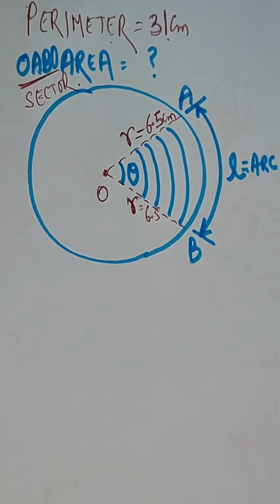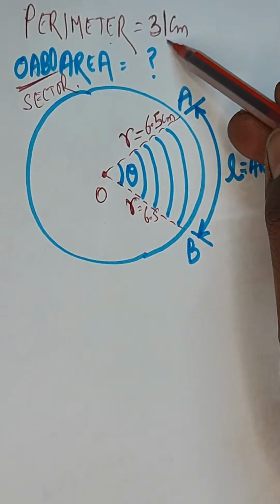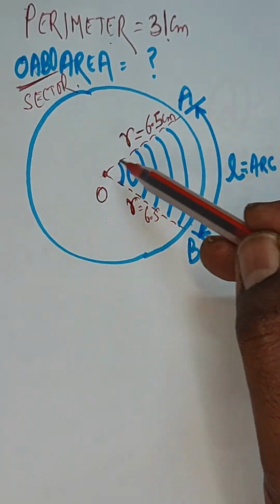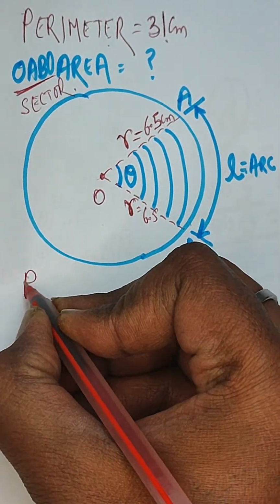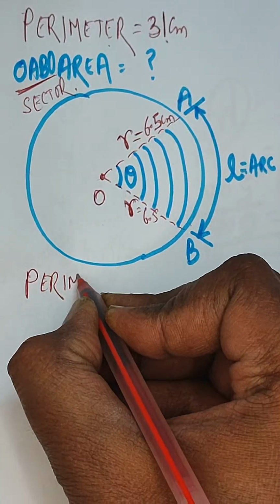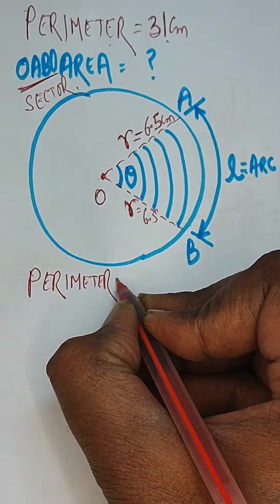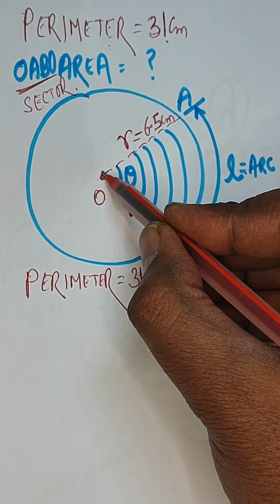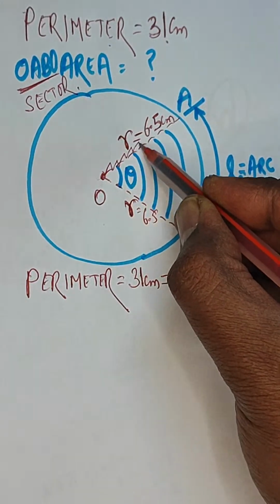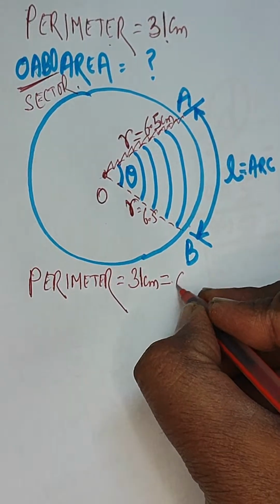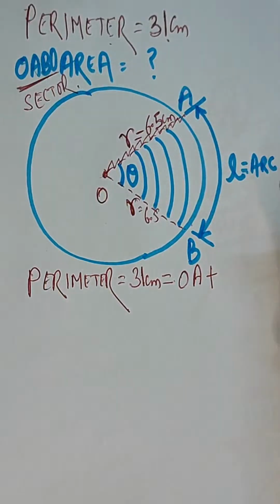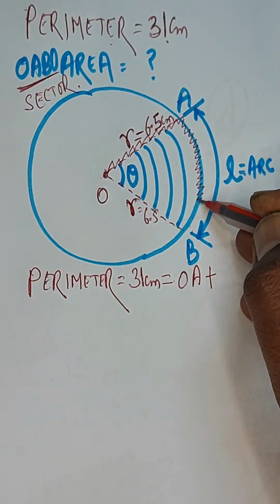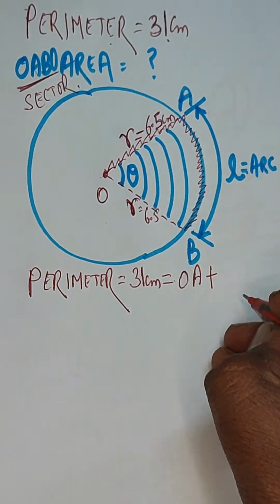So, for the very first step, the perimeter is 31 centimeter. Then what is the perimeter of sector OABO? We know the concept of perimeter, my dear friends. Perimeter is the sum of the outer boundaries, right? It is 31 centimeter, so it can be written as, start from O to A, this one, plus A to B, that means your small l, the length of the arc.